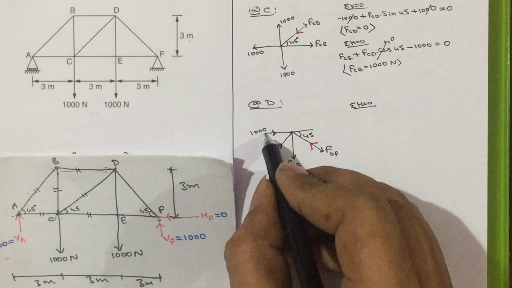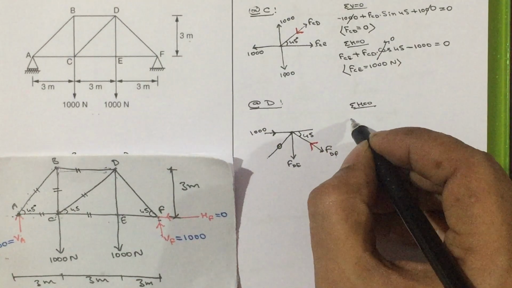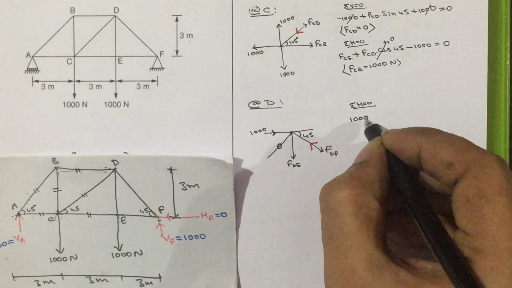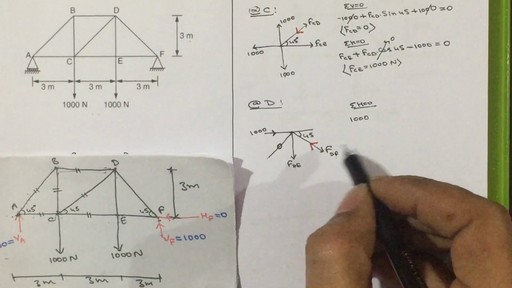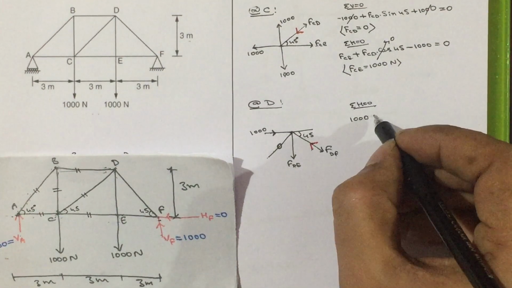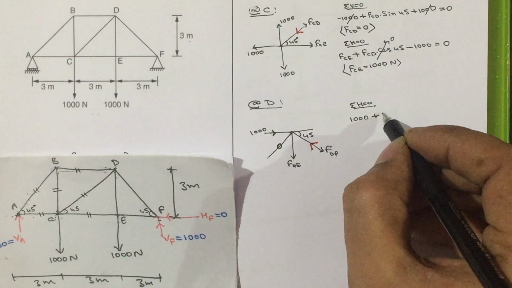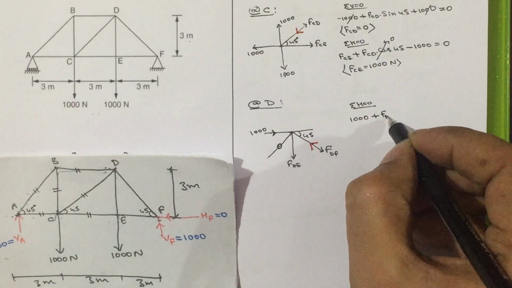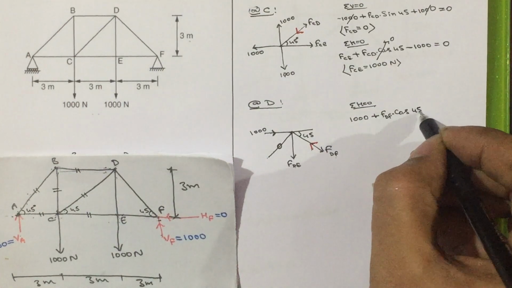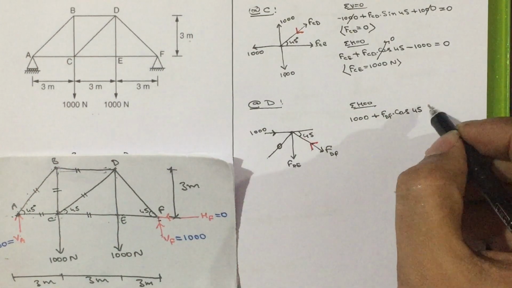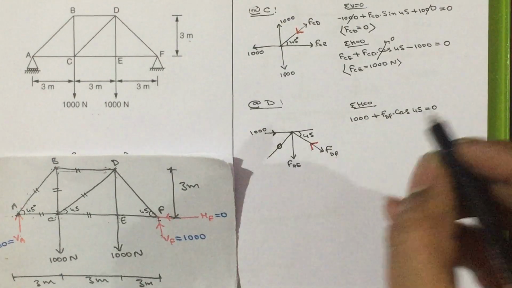So I will start from this force, it is going rightward, so plus 1000. Then this is vertical, leave it. Vertical component, leave it. Horizontal component moving rightward. Component is F cos theta, that is FDF into cos of 45 degree. Then that should be equal to 0.